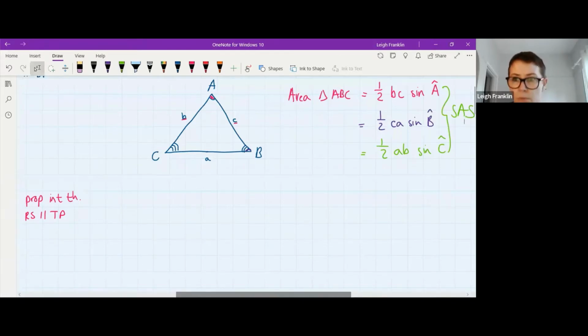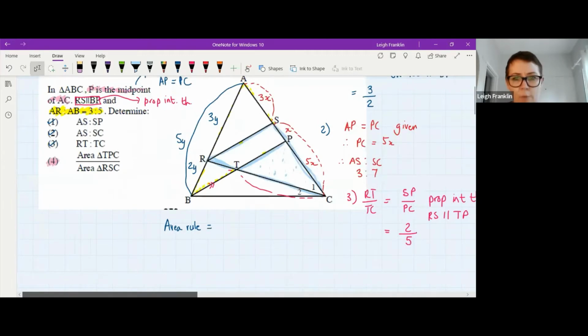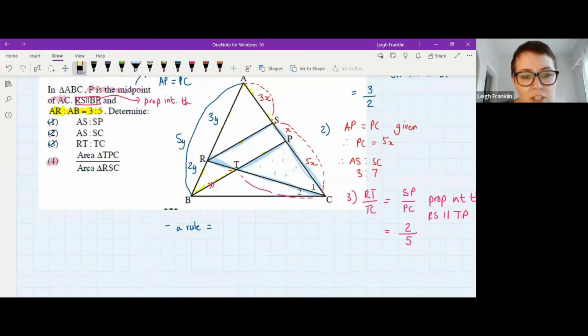Yes, ma'am. Okay, so if we now go back and have a look at what we've got over here, we can see that they share angle C1. So now we're not going to be able to use perpendicular height. We don't have a perpendicular height. We're going to have to use the area rule. So subbing into the area rule, for the top, area triangle TPC, that will be half.